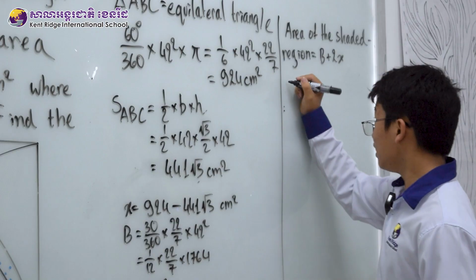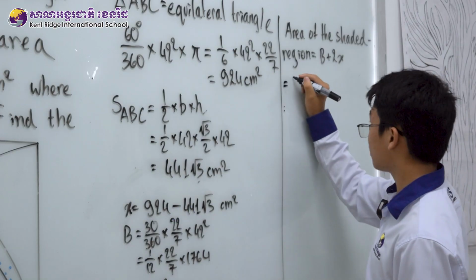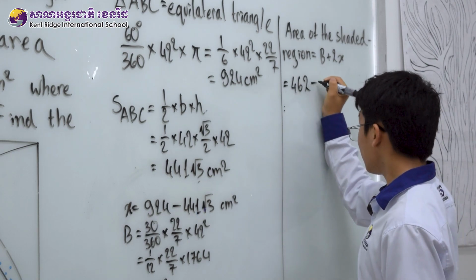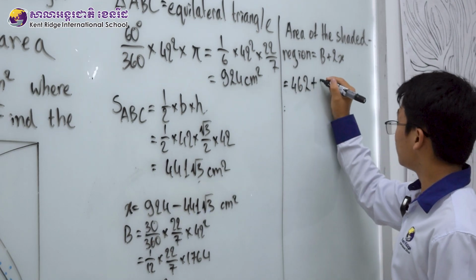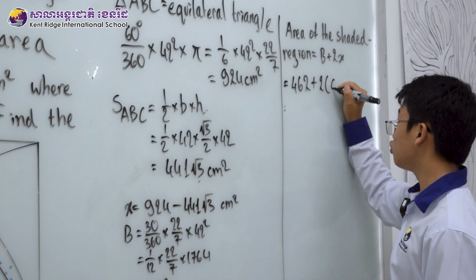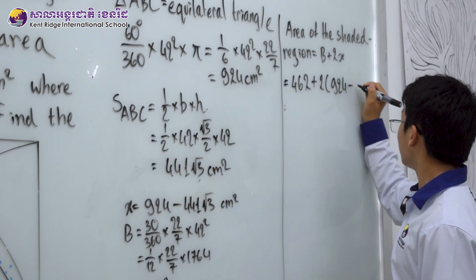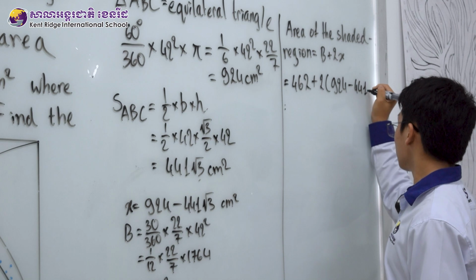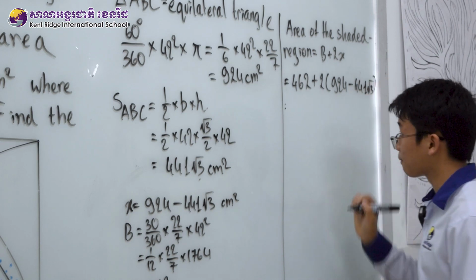So we'll get 462 plus 2 times 924 minus 441 square root of 3.